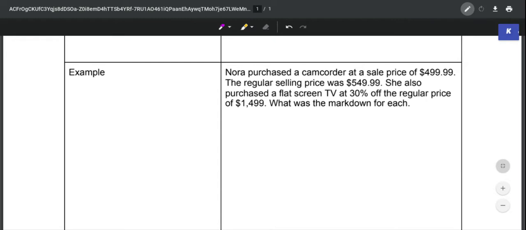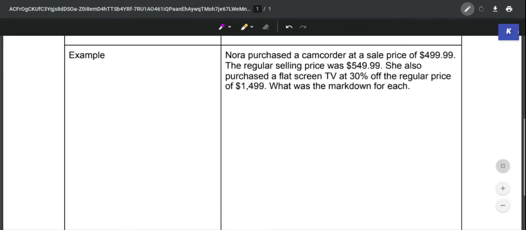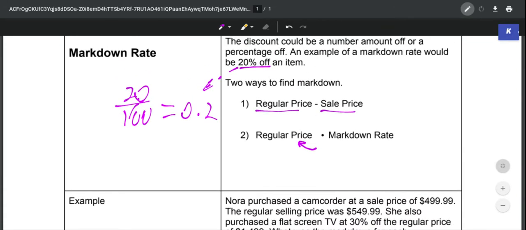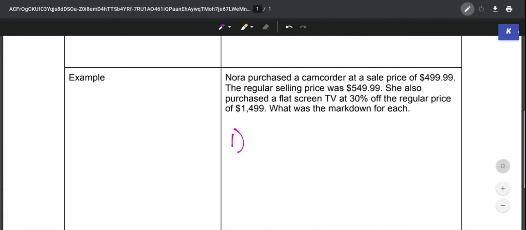The example is Nora purchased a camcorder at a sale price of $499.99, and the regular selling price was $599.99. So this is the first example of the very first way that you could find markdown. If we wanted to find the markdown between those, we would simply take $549.99 and subtract $499.99.